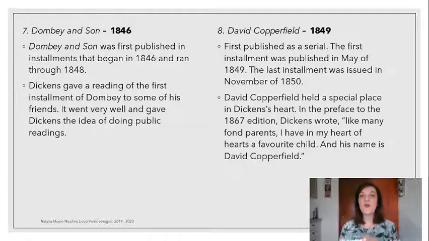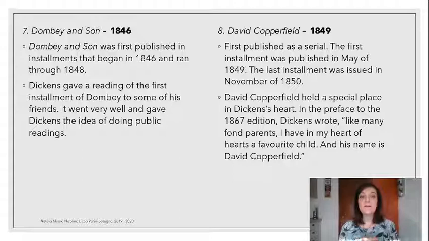Then he wrote two other novels, so let's go to his seventh and eighth novel. His seventh novel was published in installments again from 1846 to 1848, and the title of this novel is Dombey and Son.